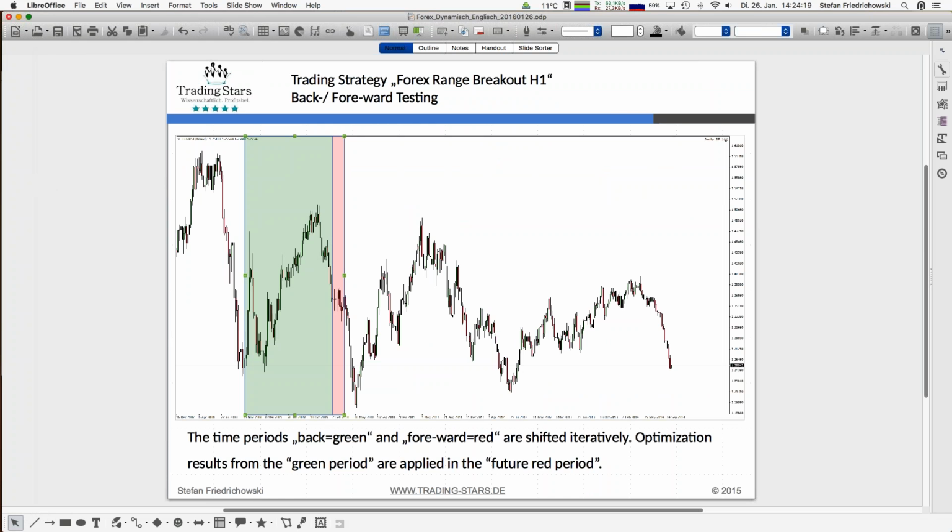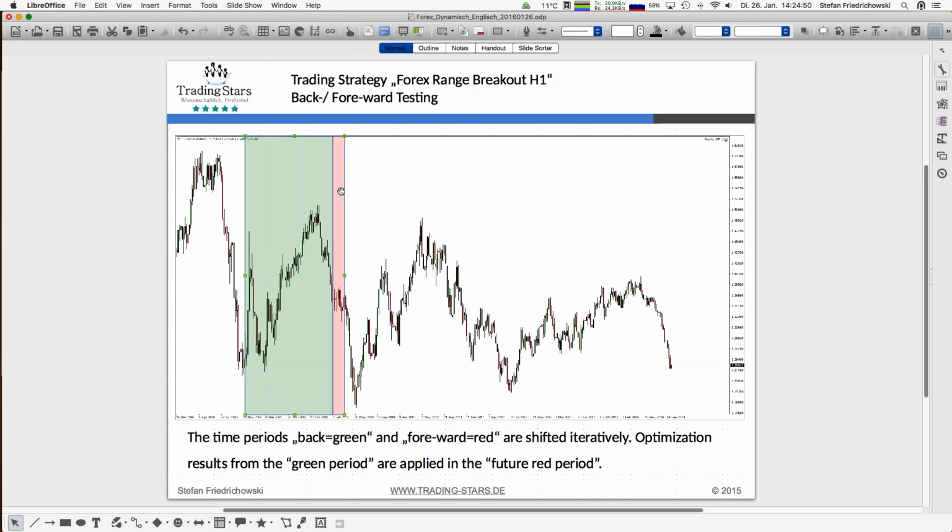You see the green box, for example, which represents data of, for example, 2 years. Within that 2 years, we do the optimization. We find out what are the best parameters for start time, end time, take profit multiplier, and minimum range. And then we apply those parameters to the following future, which is in this case the red box.